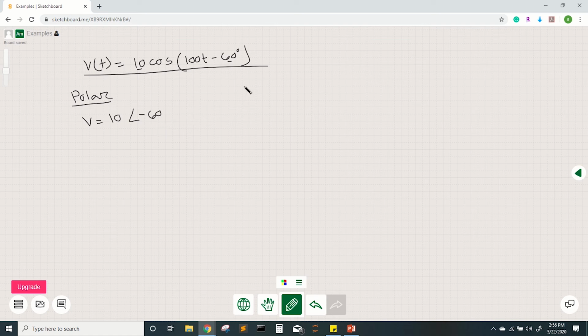If we want to convert this to rectangular form, we have to do some calculations. We know that rectangular form is a plus jb, where j is nothing but root over minus 1. To calculate this, a is V cos theta and b is V sin theta.